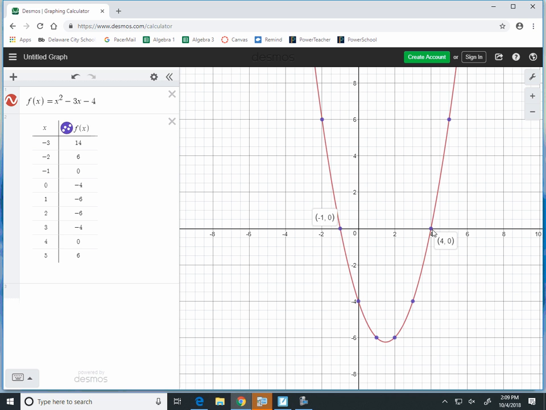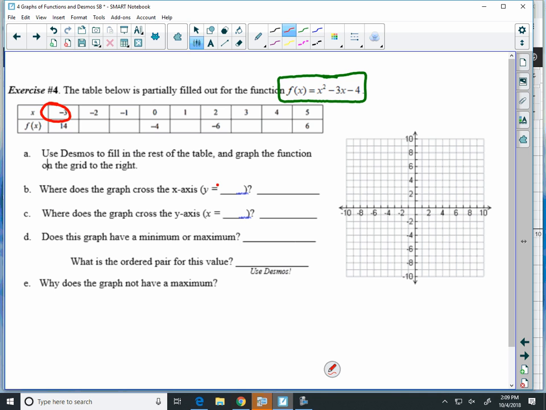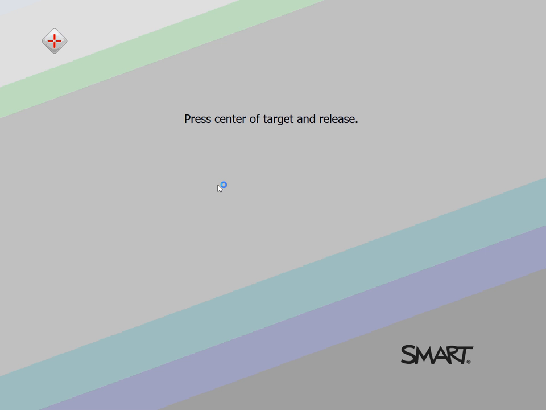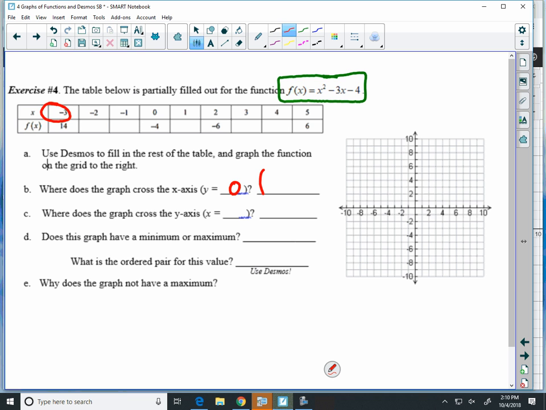What is the y value of both of those points? 0. Okay, so over here, when y is 0, that's when we have our x-intercept. So go ahead and fill those in on that line. We have -1, 0, and 4, 0.